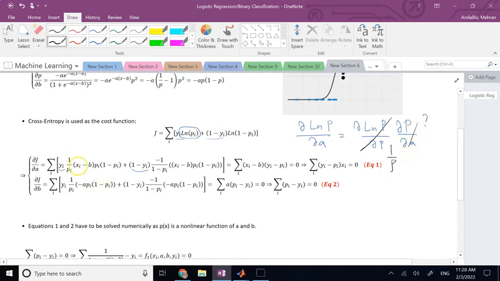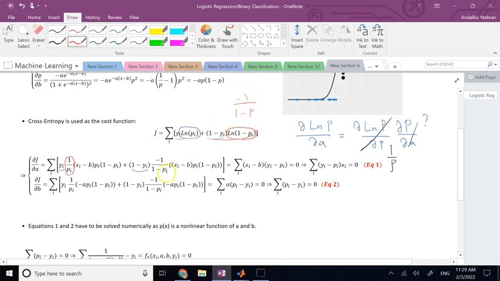So the 1 over p term that you see here is because of the natural log derivative. Similarly, on the right-hand side of the j, 1 minus y is treated as constant. Then you have partial of this natural log of 1 minus p with respect to p, which is u prime over u. In this case, the derivative of 1 minus p is -1, and divided by the whole thing, which is 1 minus p.